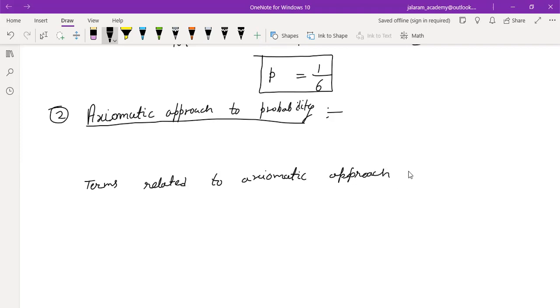Terms related to axiomatic approach to probability. The first term is event.